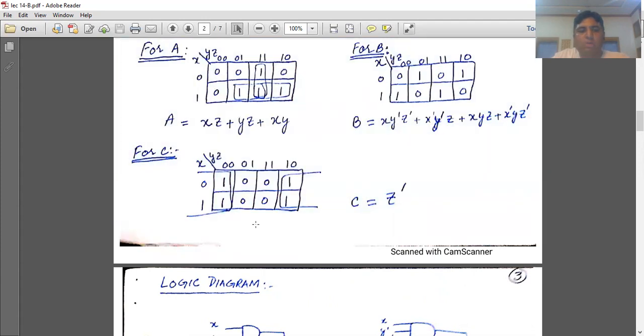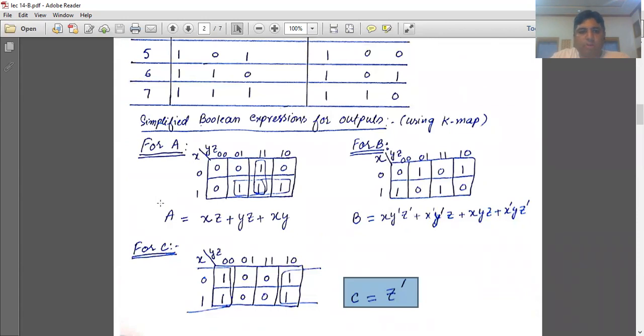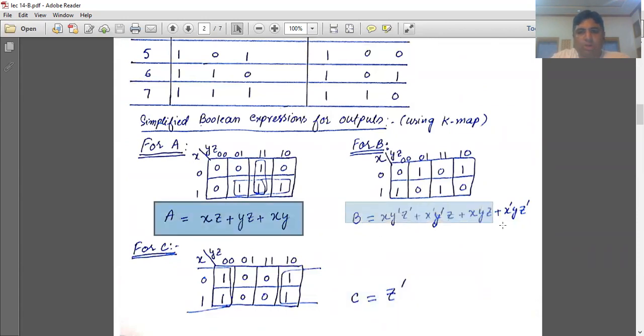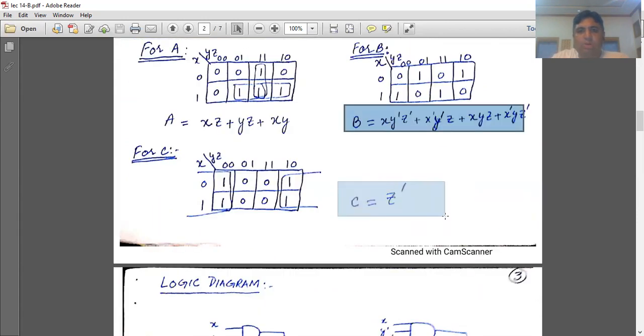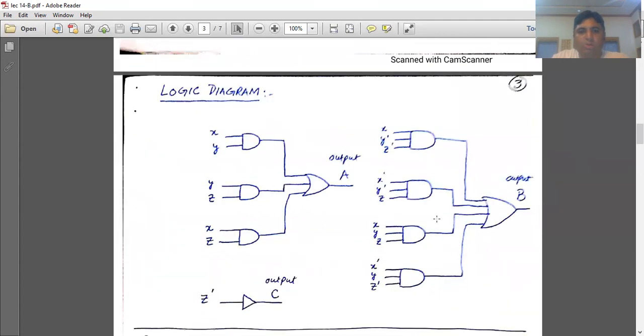And when these 4 ones are taken together, then x is eliminated and y is eliminated. You will get z equal to 0, so we will get C is equal to z bar. So this is the simplified equation of A, this is the simplified equation of B, and this is the simplified equation of C. So on the next page you will have the logic diagram.